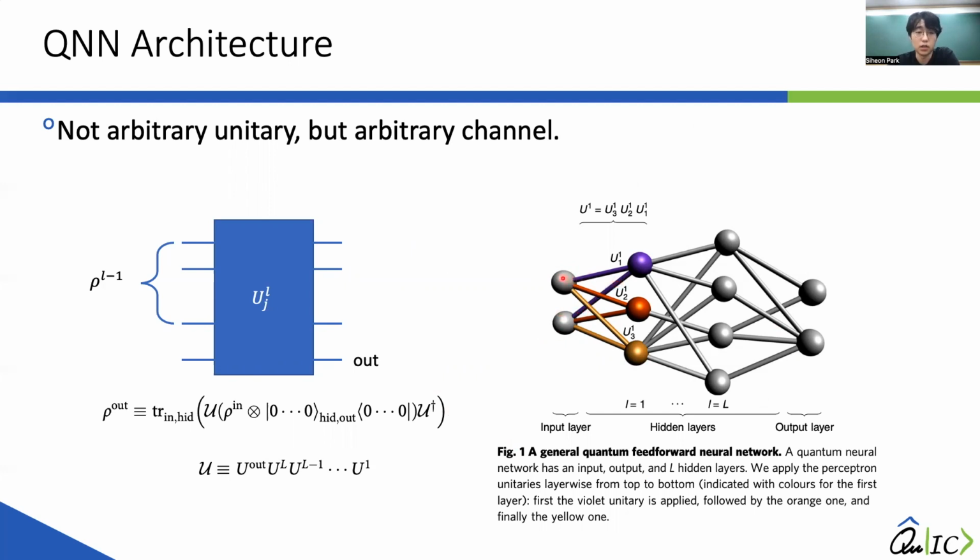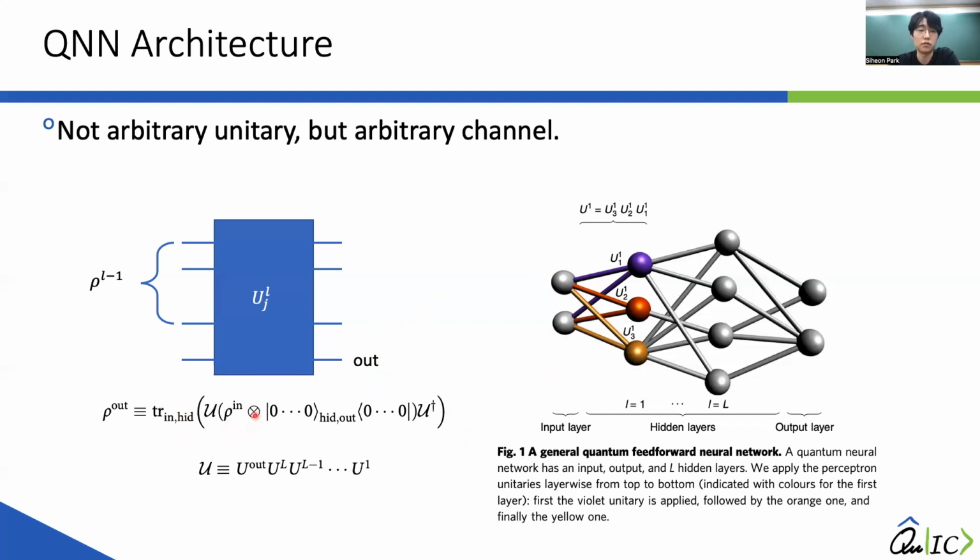So here is the general quantum neural network that this paper is proposing. These qubits are connected by this perceptron unitary U, which would be like this. The input layer should be over here, and the output node should be right over here. And the overall output of the network would be like this.